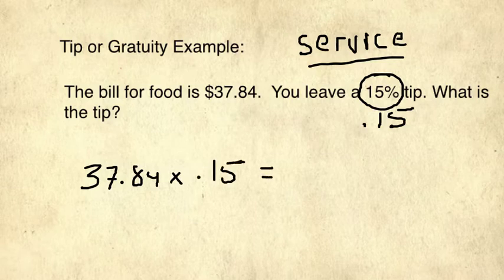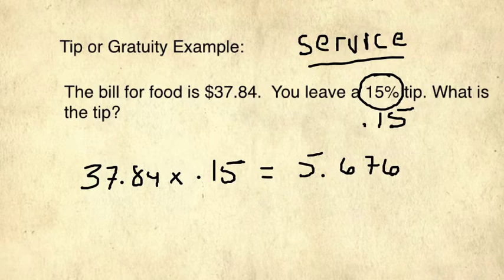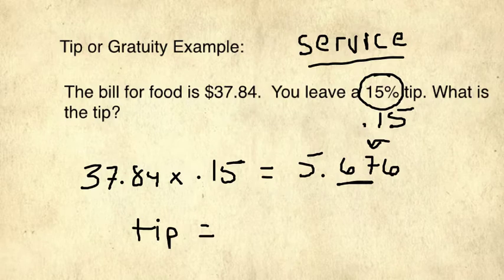Tell me what you get from your calculator, because we'll have to round it because we are dealing with money. My calculator told me $5.676. How am I going to round that to two decimal places? This 6 tells the 7 to jump up. So my tip, the exact tip, is going to be $5.68.